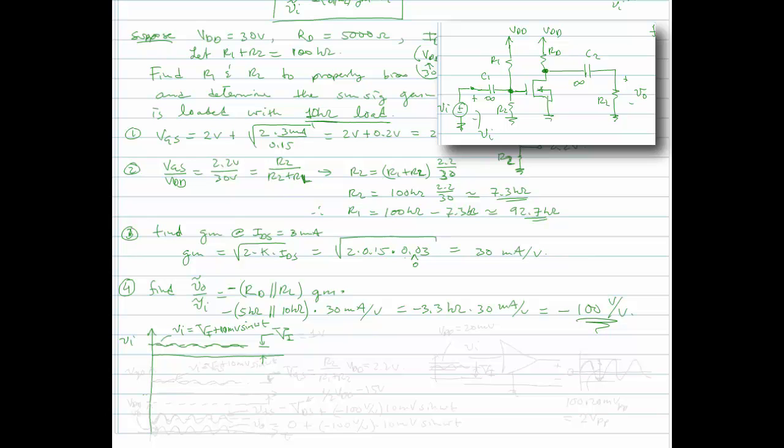Now what will happen is when we apply this signal through the input capacitor C1, we will have a voltage at the gate, VGS, that will have a bias point that is not related to big VI. It will be related to just R2 over R1 plus R2 times VDD, and this will be equal to the 2.2 volts.